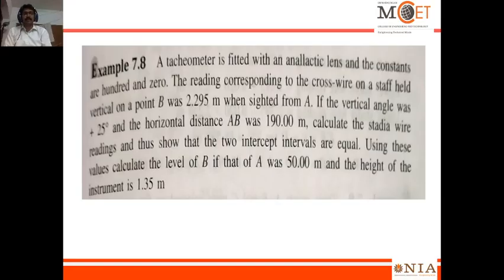Using these values, calculate the level of B if that of A is 50 meter and the height of instrument is 1.35 meter. So what was asked? Calculate the stadia wire readings and thus show that the two intercept intervals are equal.